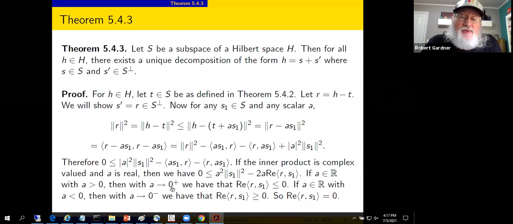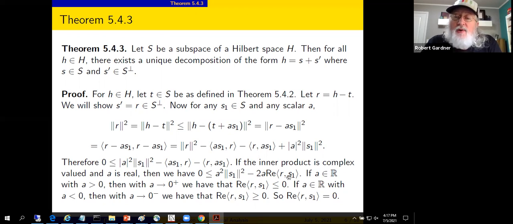Then let A approach 0. The right-hand side will approach 0. There will be a factor of A here. This approaches 0, and we'll draw the conclusion that 2 times the real part of the inner product is less than or equal to 0. Or in other words, the real part of the inner product is less than or equal to 0. Again, assuming A is positive, and then taking a limit as A approaches 0. If A were negative, we'd do a similar thing.